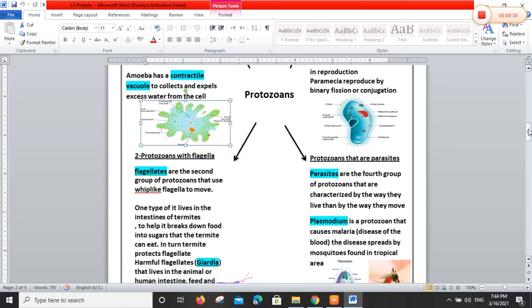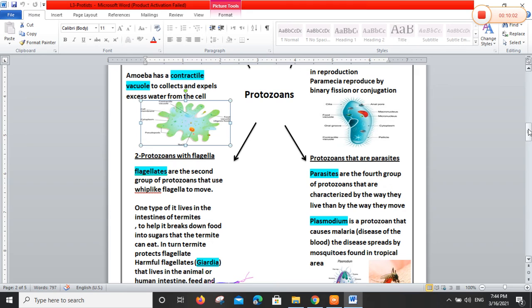Move to the second group of protozoans, those that move with flagella. We mentioned flagella before in bacteria, the whip-like structure. Flagella is plural; one is called a flagellum.